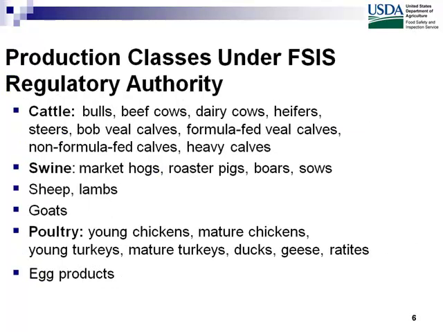When we look at the production classes under FSIS regulatory authority, these are all the amenable species, and cattle, swine, and poultry are by far the ones that we inspect the most of. And we know that cattle and swine are where we see a lot of our residue violations.